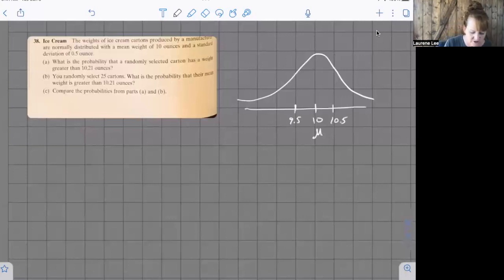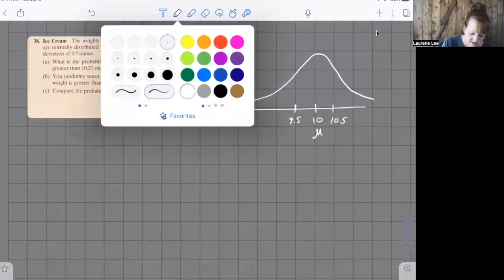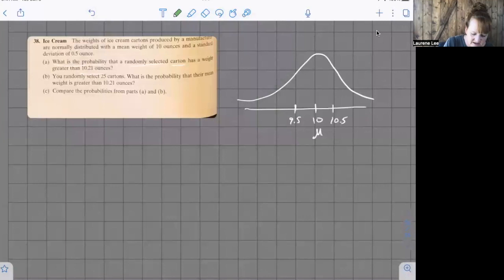Now, the first question says, what is the probability that a randomly selected carton has a weight greater than 10.21 ounces? This is a 5-2 problem. You've done these before. I want you to notice a key word here. It's saying, what is the probability that a randomly selected carton?